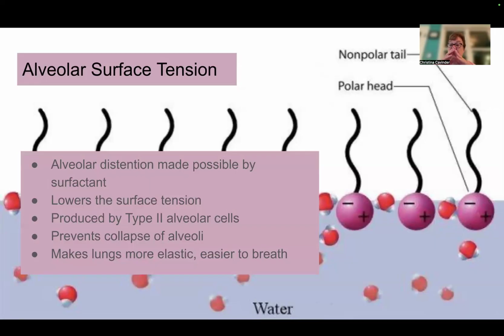Or if I put too much air in, I keep blowing, blowing, blowing, and I don't let it go out, it will rupture, it will pop. So think of that with your alveoli too. If you can't get air out of the alveoli and you just keep putting more and more in, it will pop. If you don't put enough in, it will collapse. If it's really, really stiff and you force air in, it will pop. So that's what happens also with alveoli.